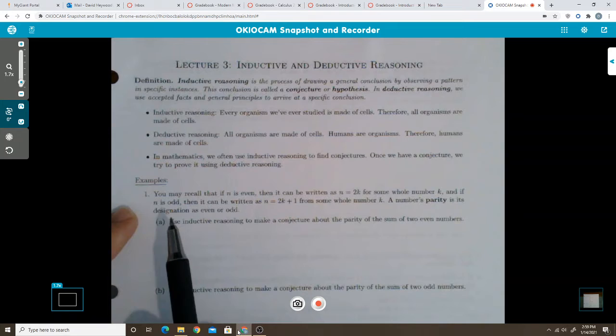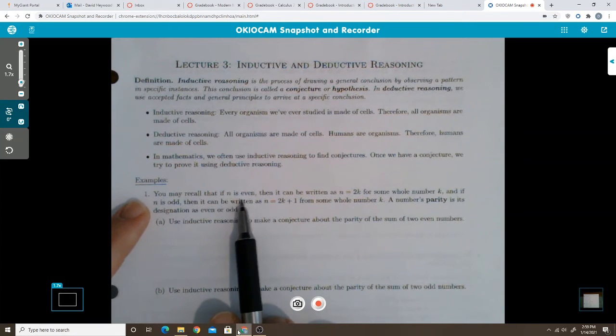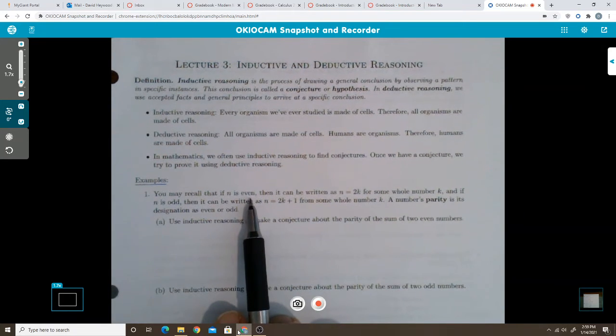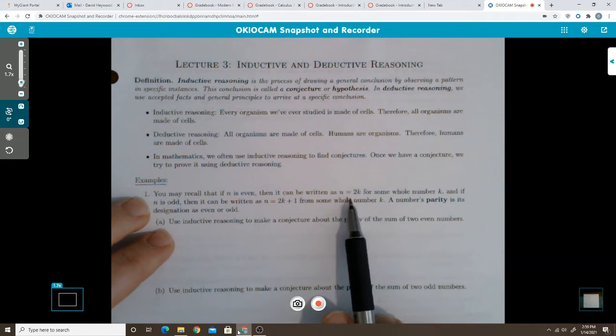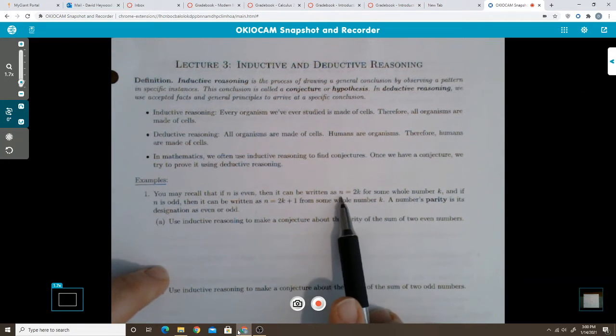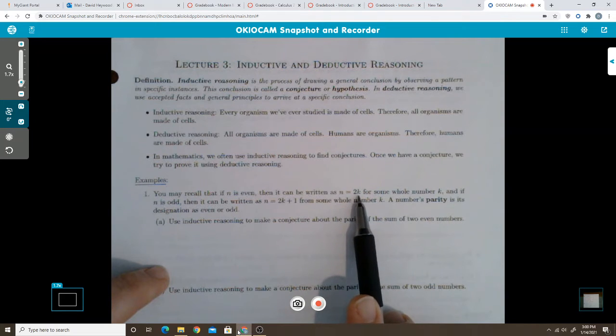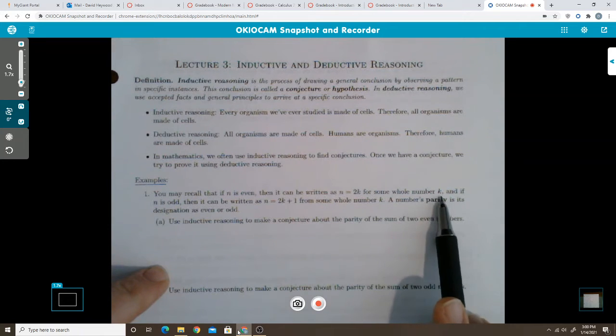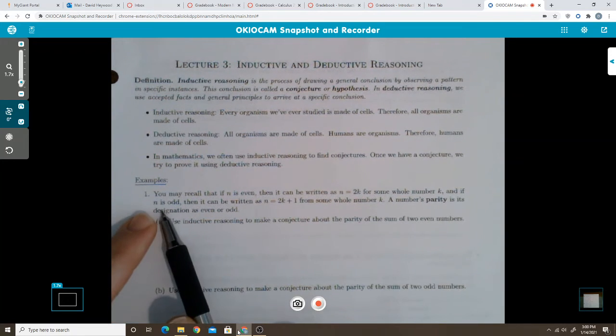So for example, you may recall that if n is even, remember the even numbers are 2, 4, 6, 8, 10, right? So if n is even, then it's a multiple of 2. So you should be able to rewrite it as 2 times some other whole number, k. So if n is even, we can rewrite it as n equals 2k for some whole number k. On the other hand, if n is odd, the odd numbers would be like 1, 3, 5, 7, 9, right?